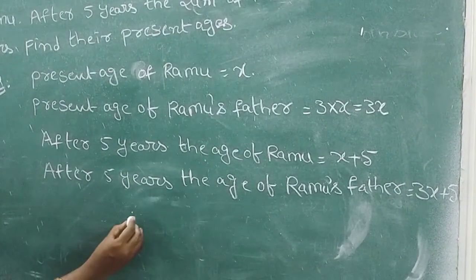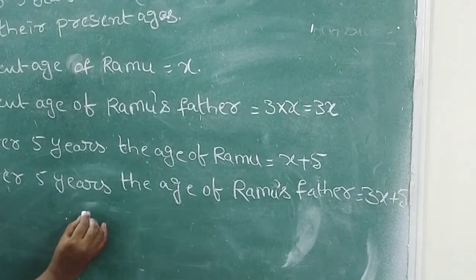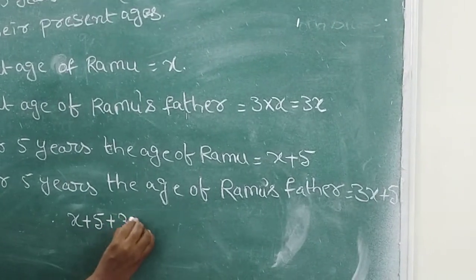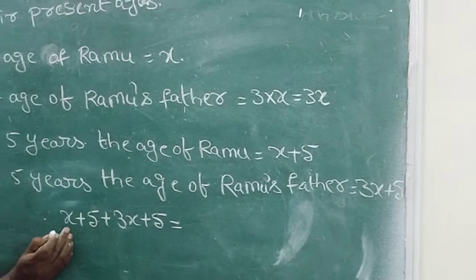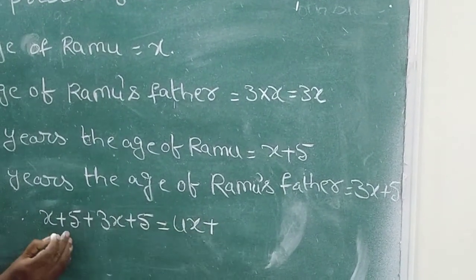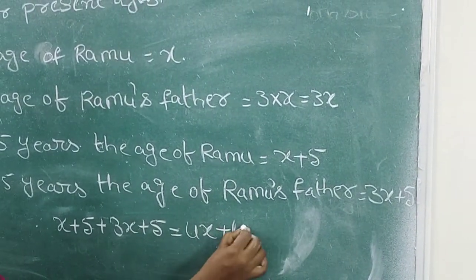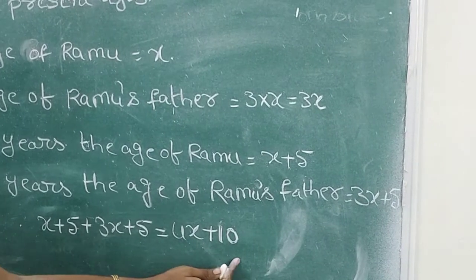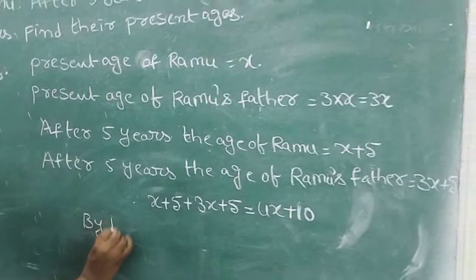Therefore the sum is x plus 5 plus 3x plus 5, that is 4x plus 10.